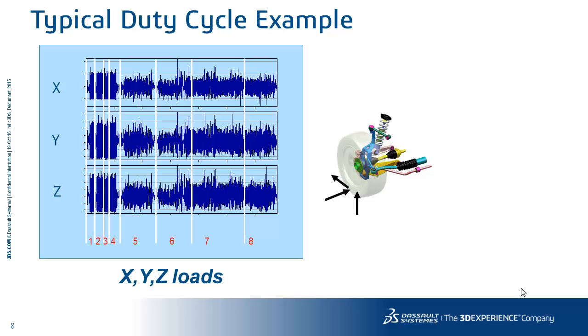So if we imagine that we have a suspension component on a car, and we want to look at one of those suspension components or an assembly of them, we can talk about three directions of loads coming from the road: a normal, direction of travel, and a transverse, for instance. So that would be the X, Y, and Z on the left side of those time plots.